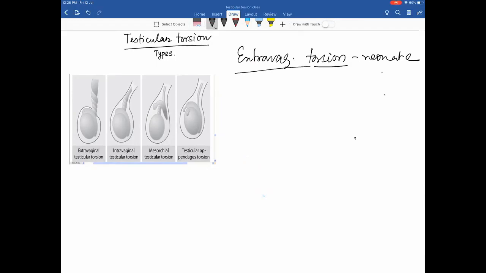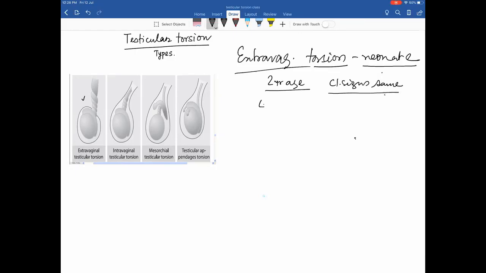And due to this being seen in neonates, some people say it is known to occur before 2 years of age. With this picture, the clinical signs are the same as before.